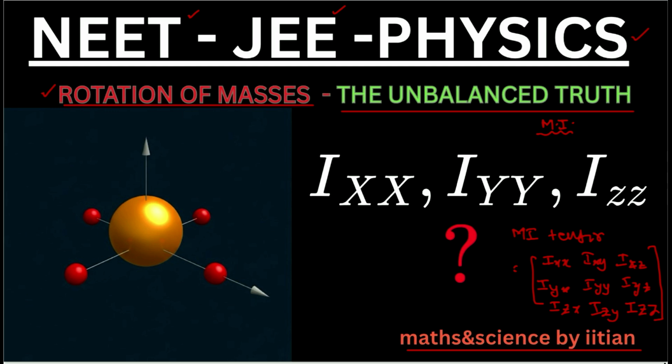Two masses are kept at a horizontal distance of so and so. What is the effective moment of inertia? This is the basic concept which I am going to explain in a somewhat scientific way, so that you can apply the same principles when such questions are asked in examinations like NEET or JEE physics.